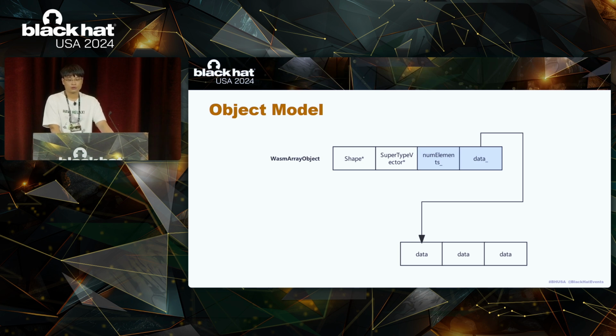The members we need to pay attention to are highlighted in blue, namely num elements and data. Num elements represents the number of elements, which can be specified by our parameters. The data pointer points to the beginning of where the array's data is stored, typically located just after the WebAssembly array object.